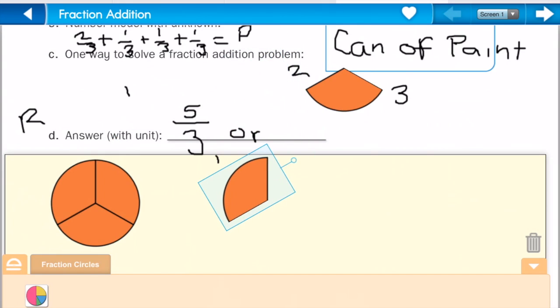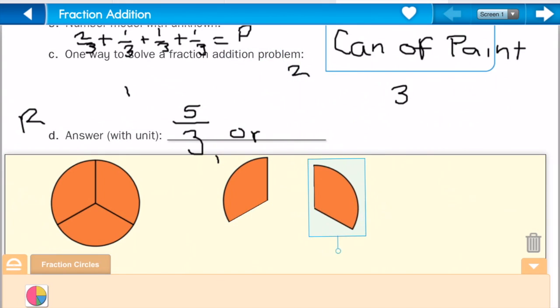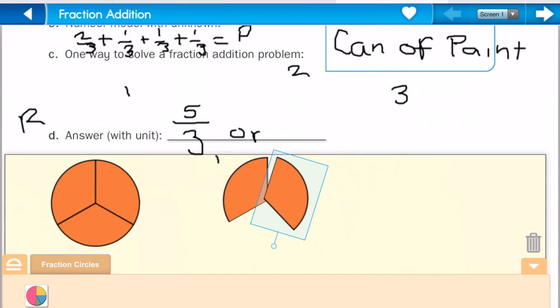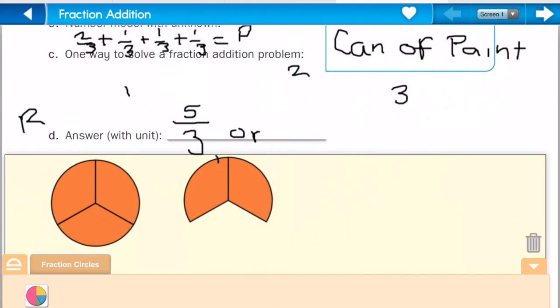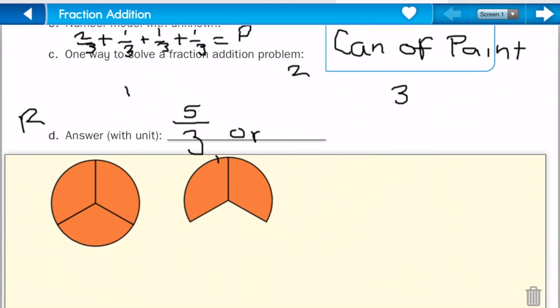And let's take the other 2 pieces we have from the sisters. Put those next to each other. And so the better way to write this could be 1 2/3. So I have 1 whole right here and 2/3 right here. So that's another way that you could break it down. All right, let's go look at our next problem.